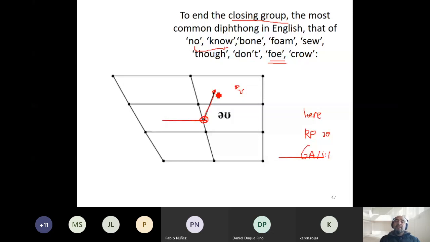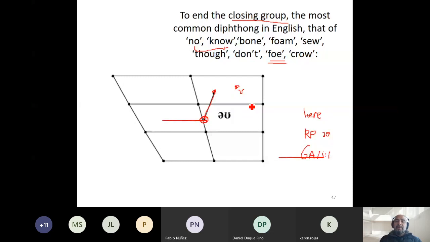Centralized, because the tongue tends to be very lazy. So the tongue tends to make the necessary effort for the sound to be understood, but not to produce it exactly well articulated, okay? This is the last closing diphthong.